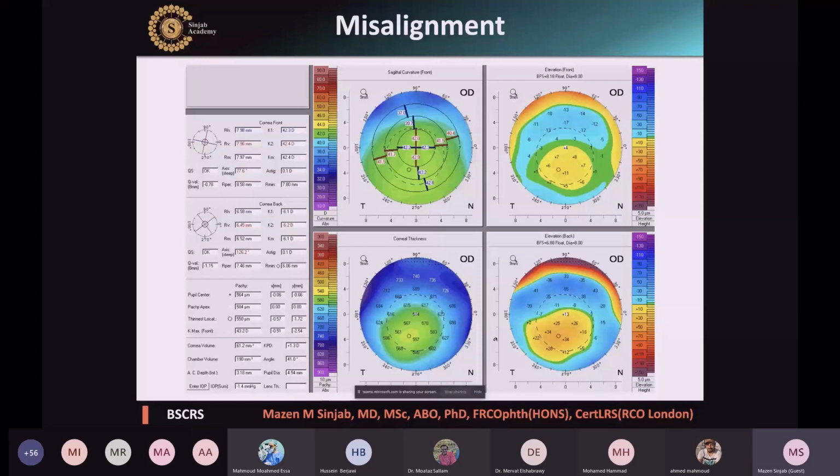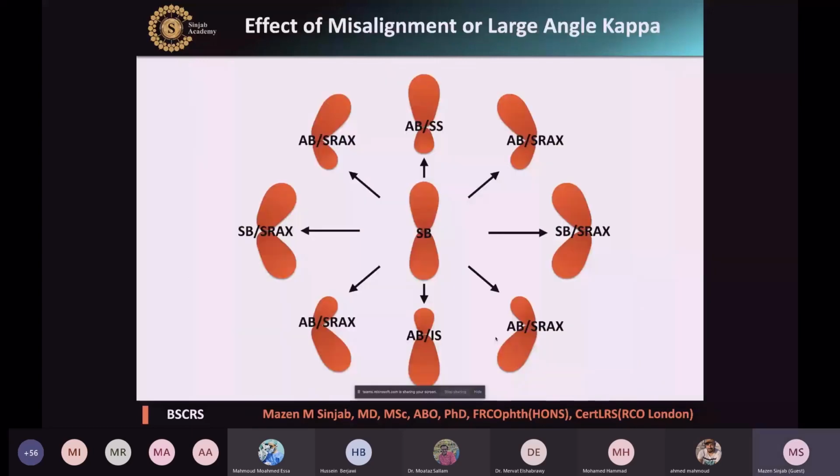There was only misalignment. Now, to highlight the misalignment effect or large angle kappa effect, let's imagine that this patient has a symmetric bow tie, without skewed radial axis. Now, let's assume that this patient has large angle kappa, or was looking, for example, to the right.